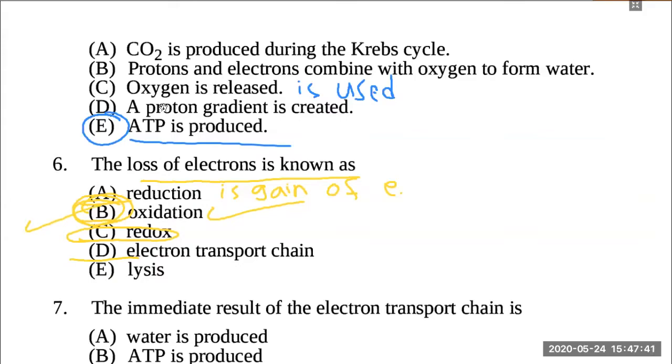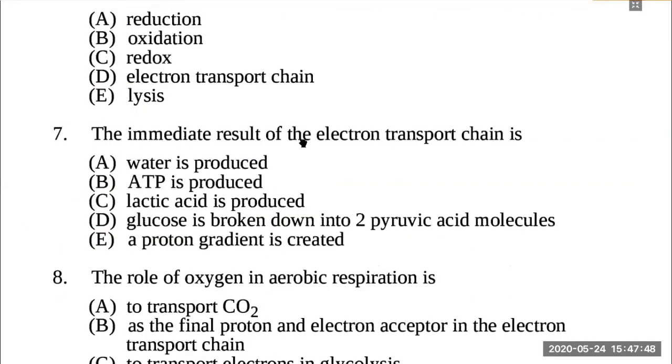Now let us move to the seventh question. The immediate result of the electron transport chain is: water is produced, ATP is produced, lactic acid is produced.